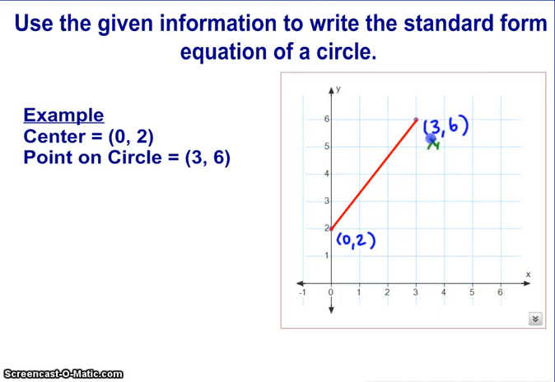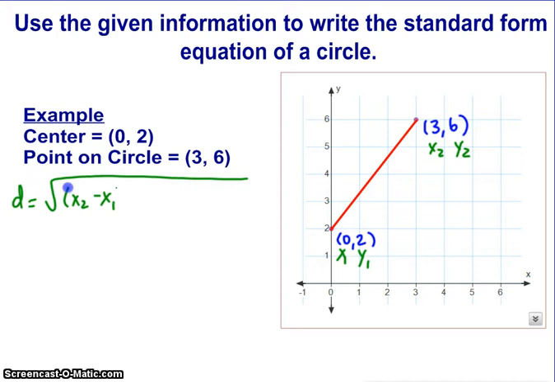Let's say x1, y1. Oops, that looks like an x. Let's fix that. And x2, y2. So the distance formula is going to be the square root of x2 minus x1 squared. And remember, this is on your formula sheet, so it's not something that you're required to memorize.